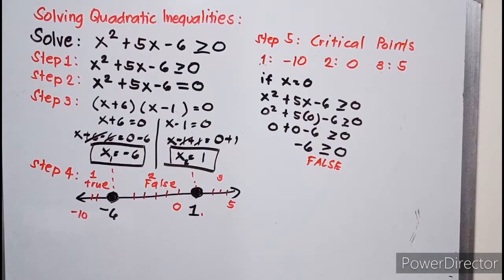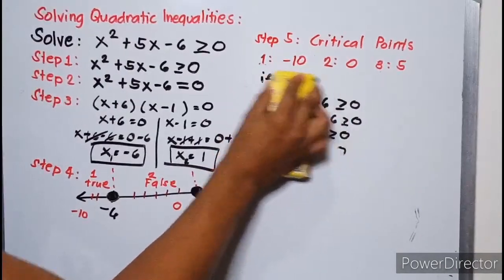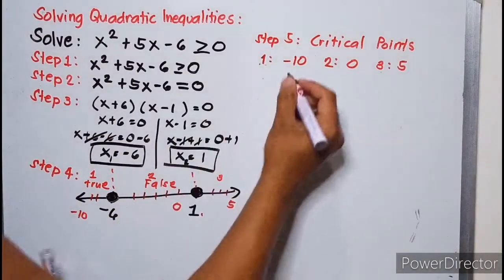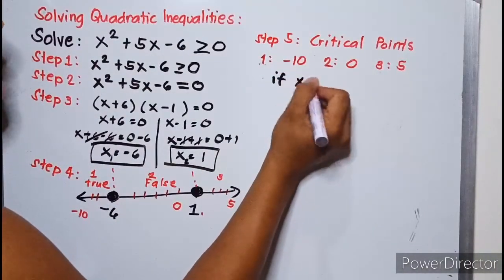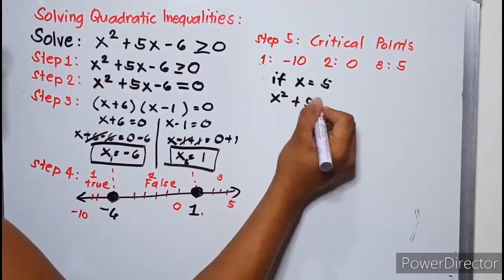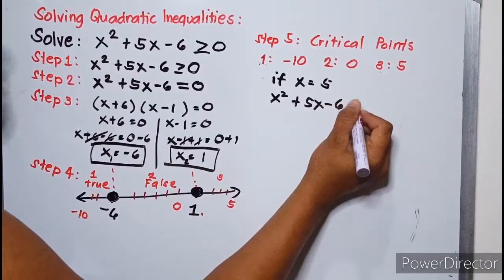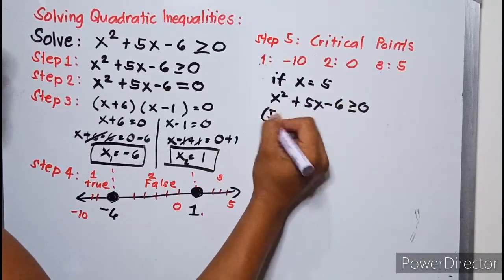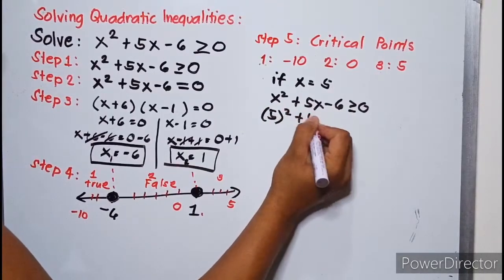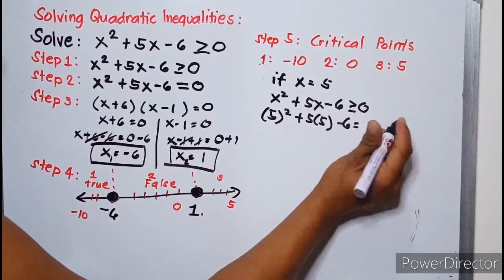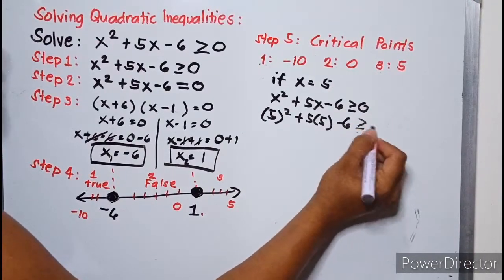Okay. Then, last, how about if x is equal to 5? So, x squared plus 5x minus 6 is greater than or equal to 0. We have 5 squared plus 5 times 5 minus 6 is greater than or equal to 0.